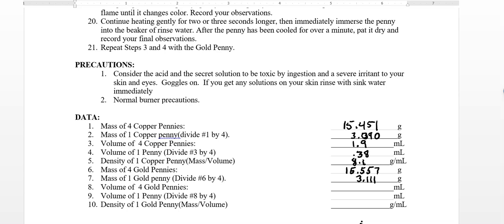All right, and the volume of 4 pennies, let's just assume that you got the same, because you probably should have gotten the same amount. All right, so what is 3 point, let's see, volume of, no, should be 1.9. Yes, 0.38. So what is 3.111 divided by 0.38? What is it?